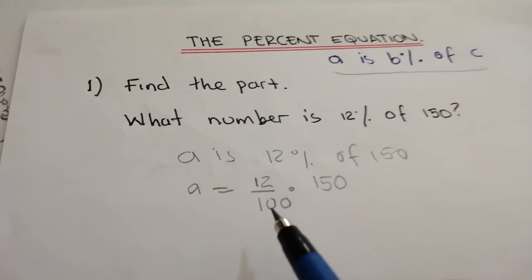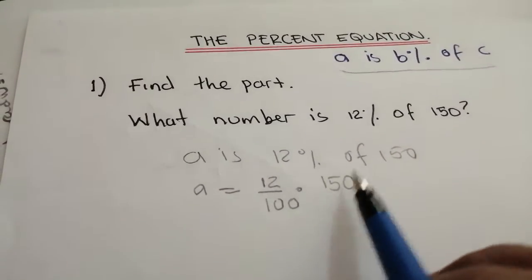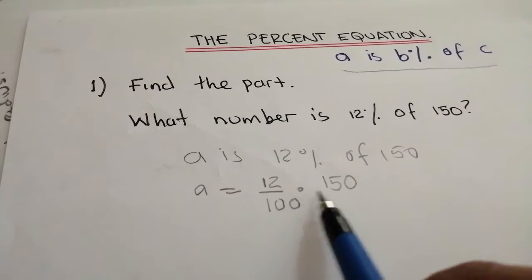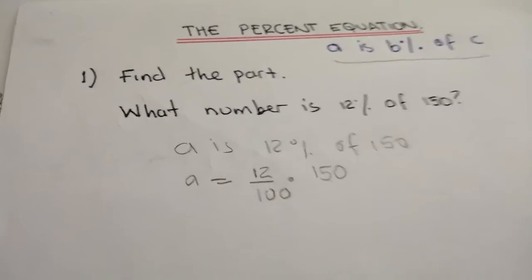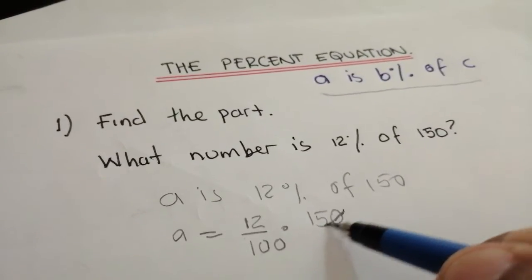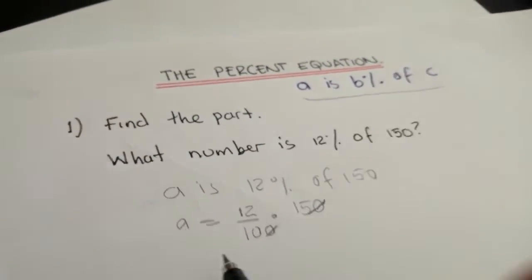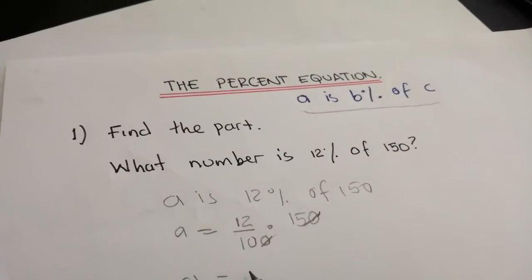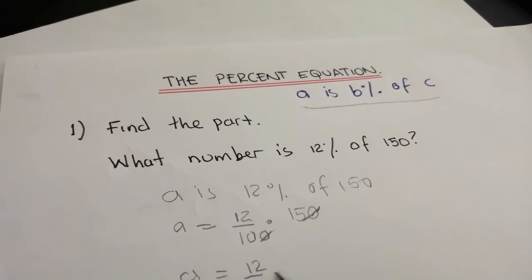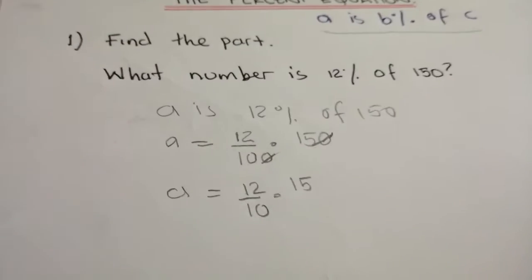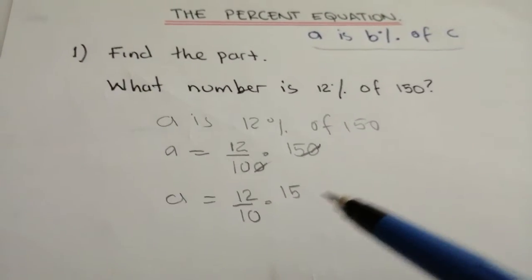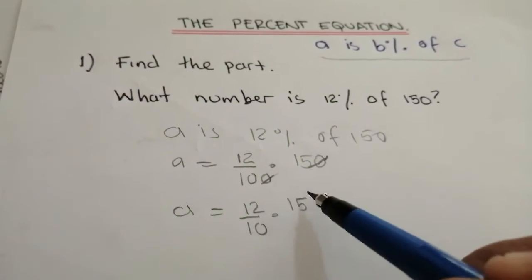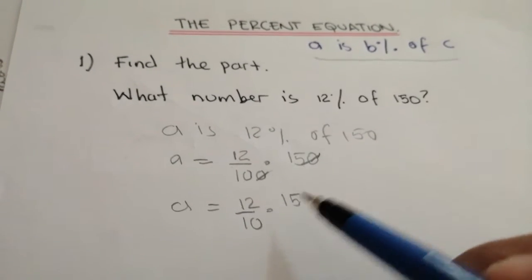My problem has become this multiplication, 12 over 100 times 150. You know that it's possible for us to cancel the zeros. So all we have left is the multiplication of 12 tenths times 15. Even with that, we can simplify by dividing both 15 and 10 by 5.